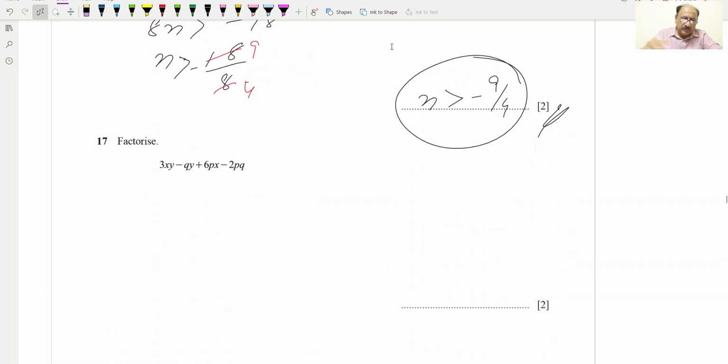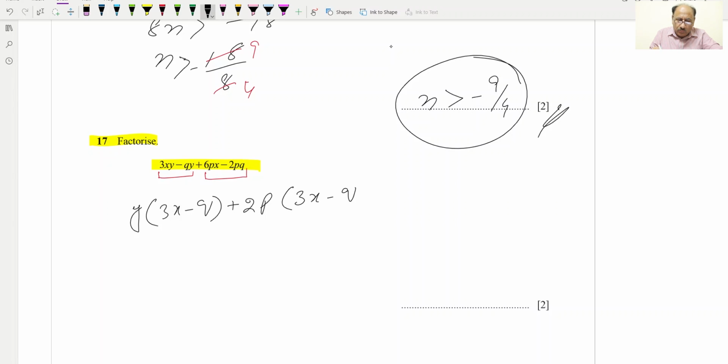You understood this. Now question number 17. Question 17 says factorize, and this is the thing which we need to factorize. We will take this portion and this portion, and we'll take common from the first portion. We can take y common, so inside will be 3x minus q, and from the second pair we can take 2p common, so inside will be 3x minus q.